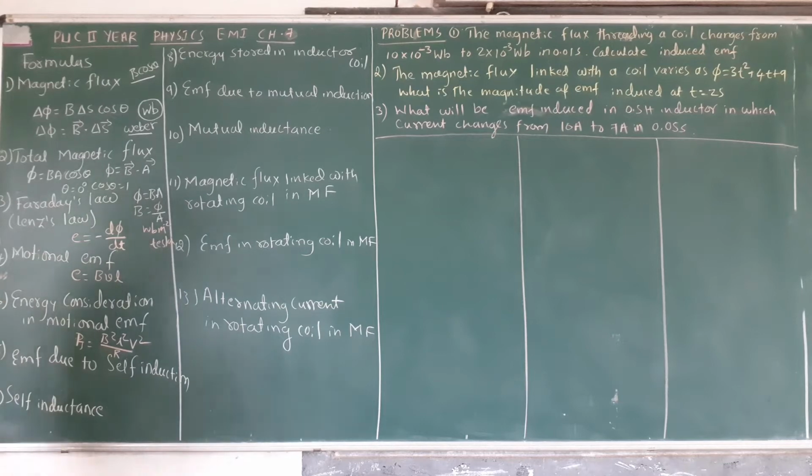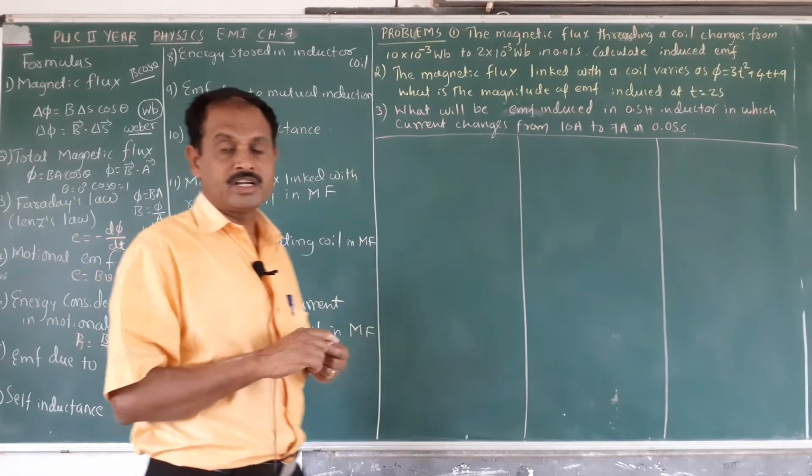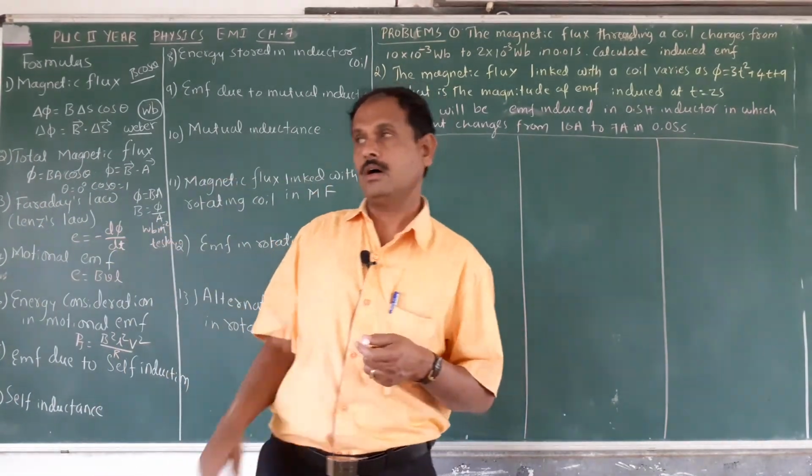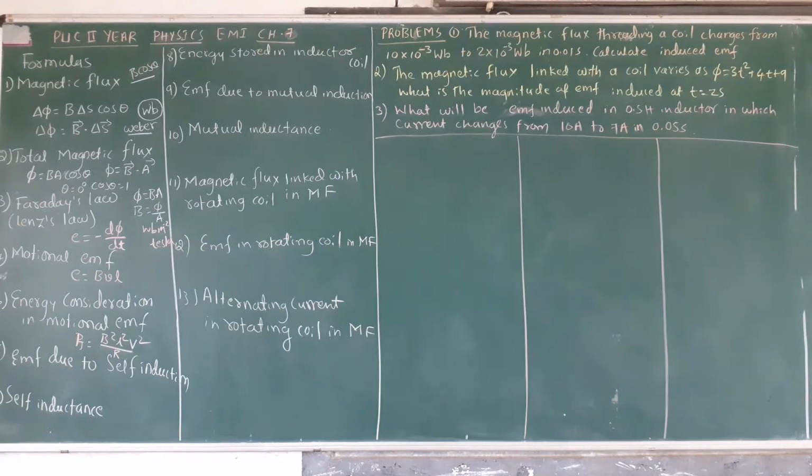This is B square L square V square. R is said to be the resistance of the moving rod.